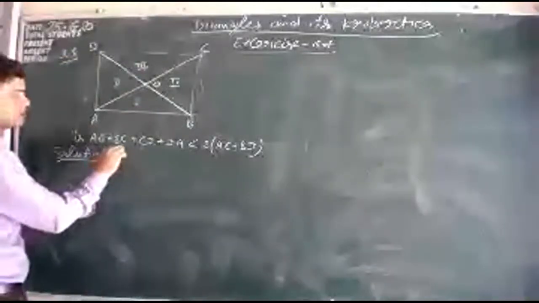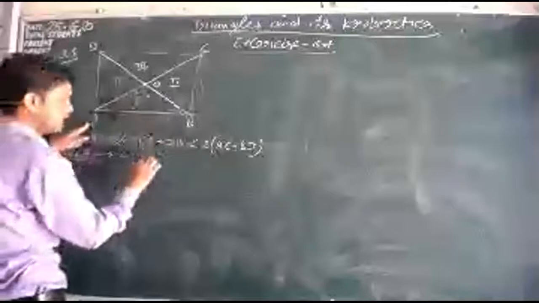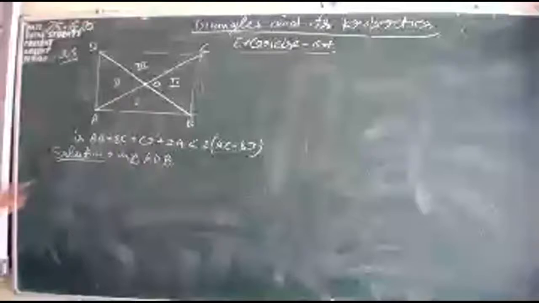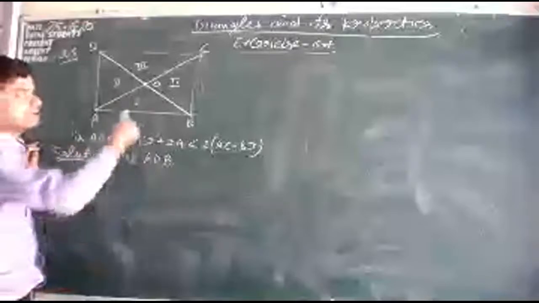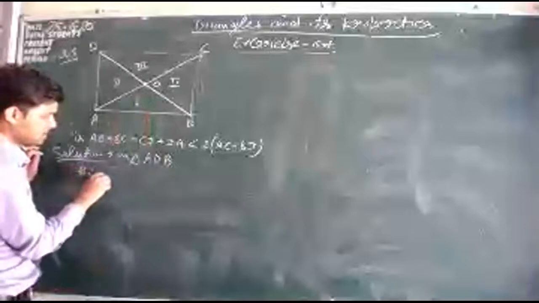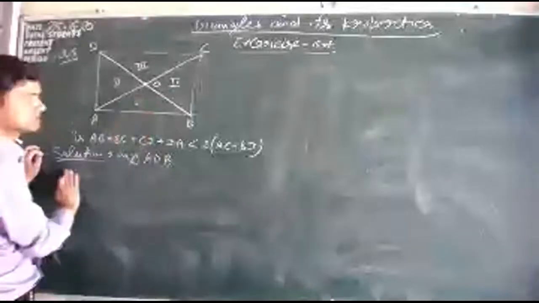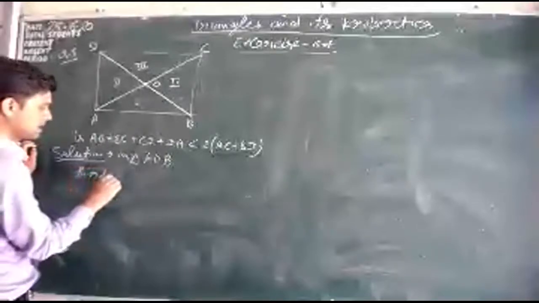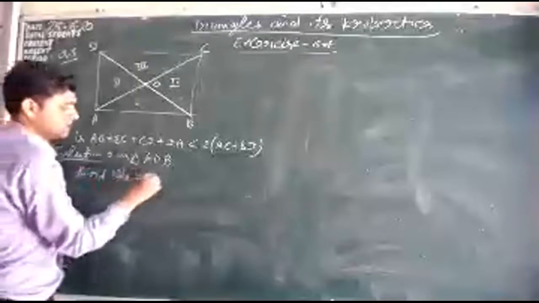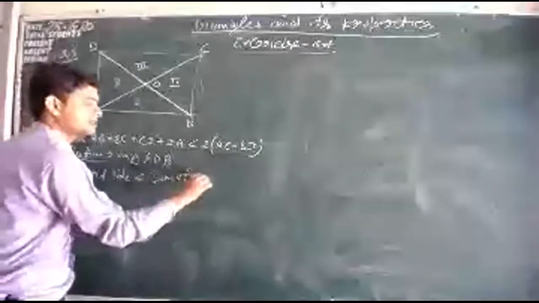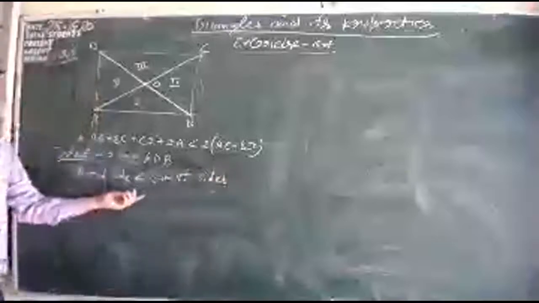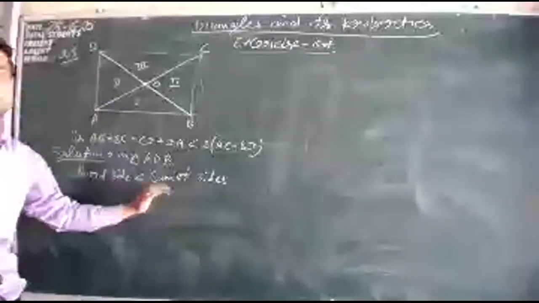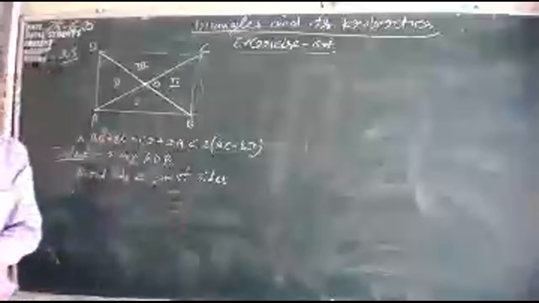Solution: in triangle AOB, the sum of two sides is greater than the third side. Okay, this we have. So we will write third side, or we can write there third side is less than the sum of two sides. We can write it like this also, no problem. See, we can write that the sum of two sides is always greater than the third side. So we can also write the third side is always less than the sum of two sides.